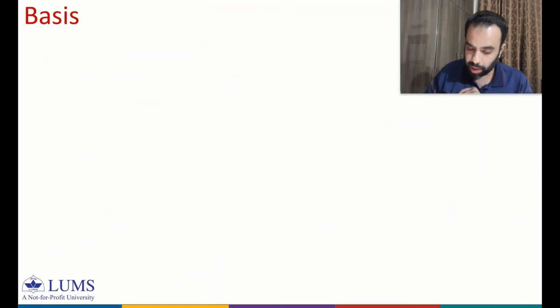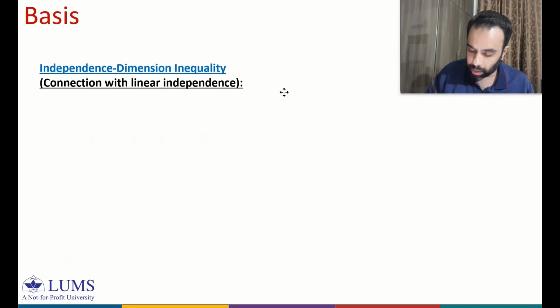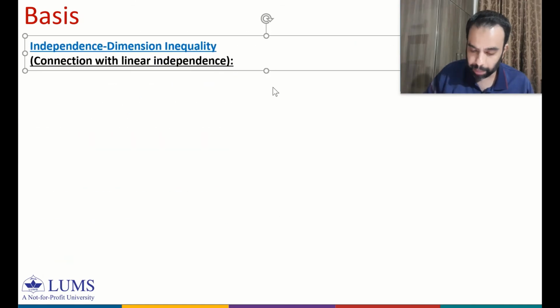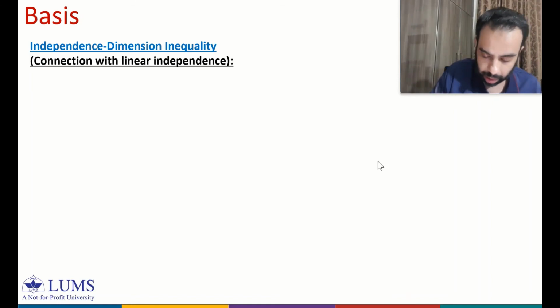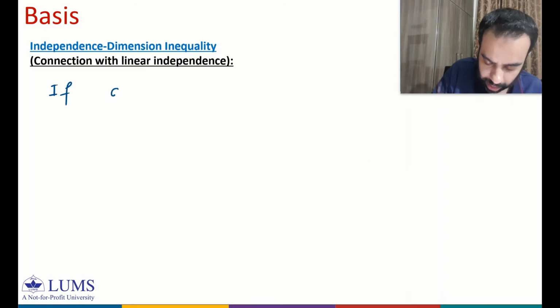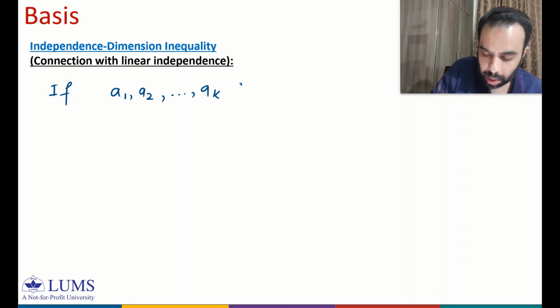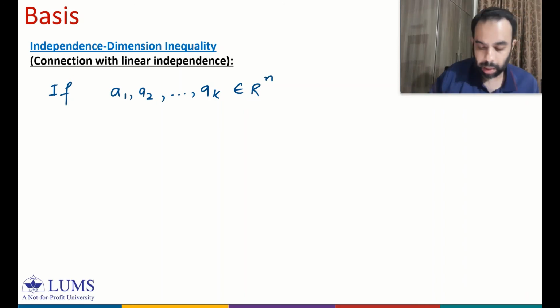So before I formally define bases, let us quickly review the concept of the independence dimension inequality. Let me pose a question here. Say I have k vectors a1, a2, ..., ak, and we know that they are linearly independent.